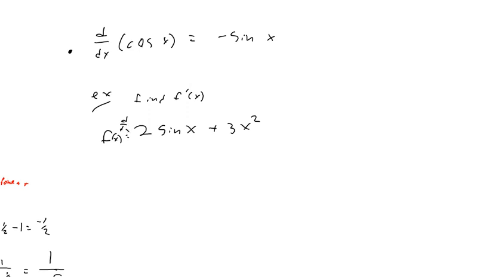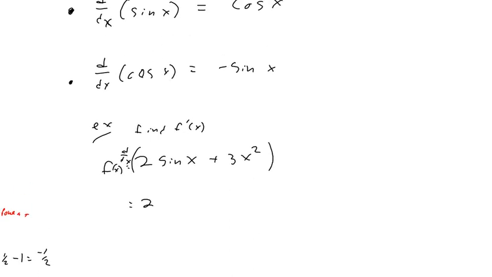For sine, I have this constant in front. The same rule applies. The 2 is just going to exist in the front of my answer. I factor the 2 out. It stays as part of my answer. 2 times the derivative of sine. We saw that the derivative of sine was cosine. So it becomes 2 cosine of x.